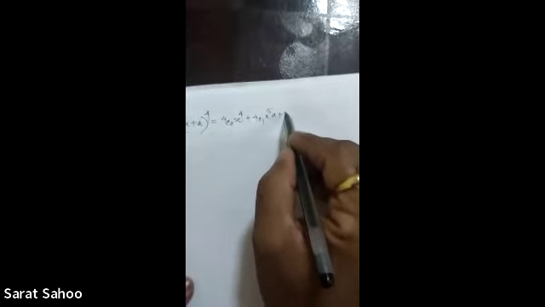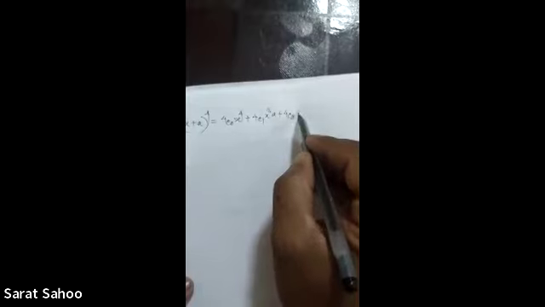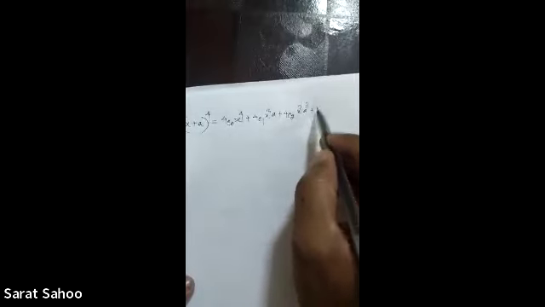So take the example of (x + a) raised to the power 4. For C0, x to the power 4; for C1, x cube a; for C2, x square a square; for C3, x a cube; for C4, a to the power 4.